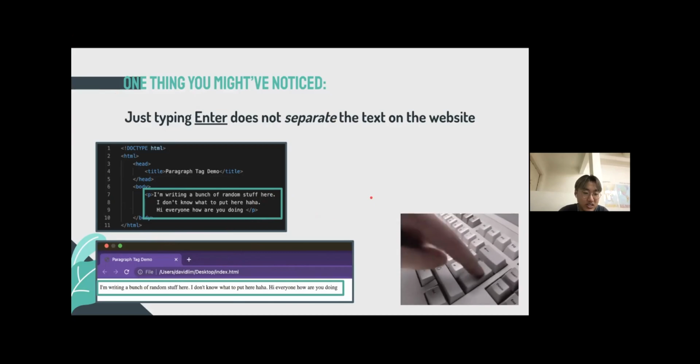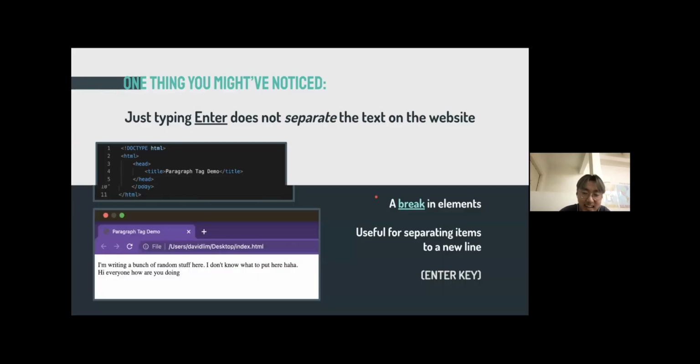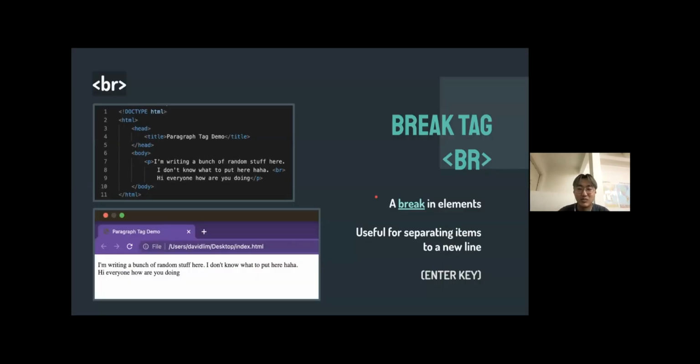So introducing the break tag. The break tag is a break in elements. It's useful for separating items onto a new line. So this acts the same way as an enter key. You see within the paragraph tag, after I don't know what to put here, haha, you notice that I put the bracket br bracket.